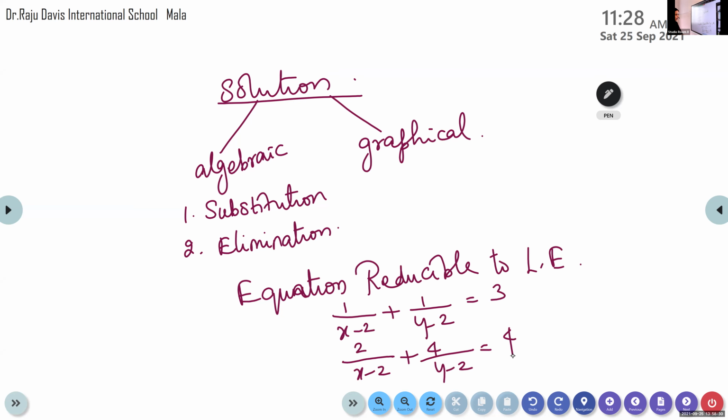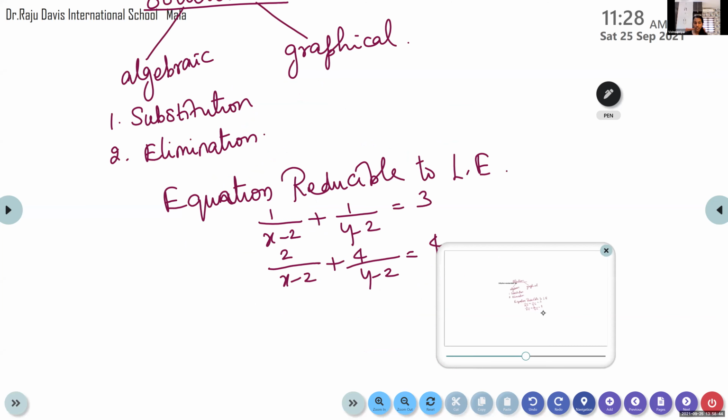Then what can you do? We can make some substitution. What is the substitution you will do here? We can try to make it linear.